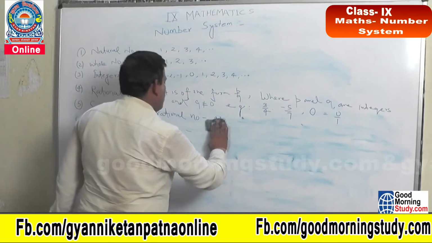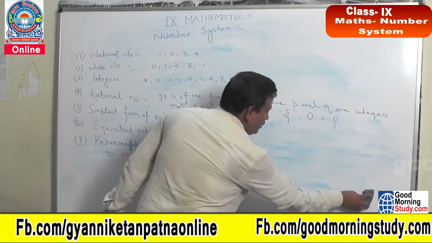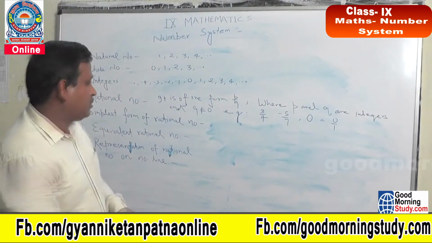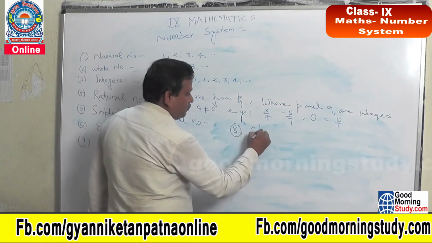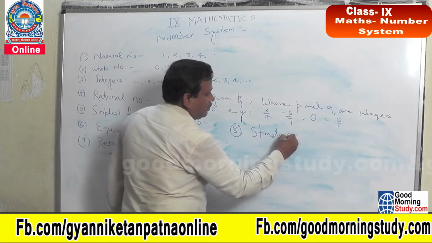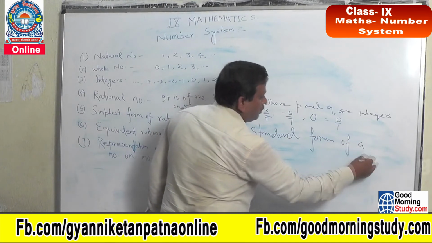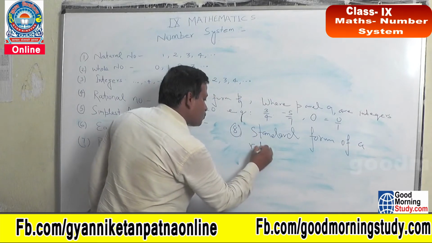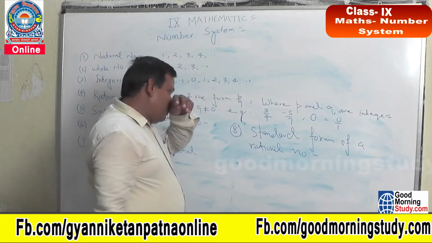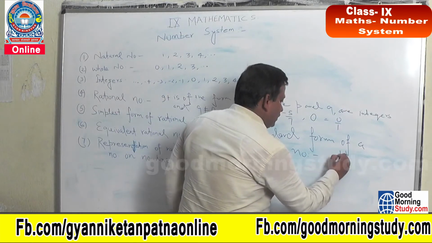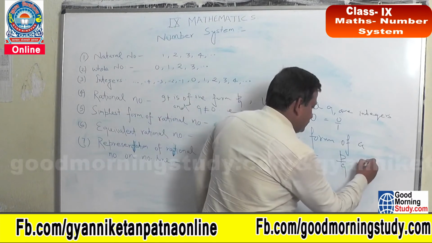A standard form of a rational number. Children, this is also of the form p by q, where p and q are integers.